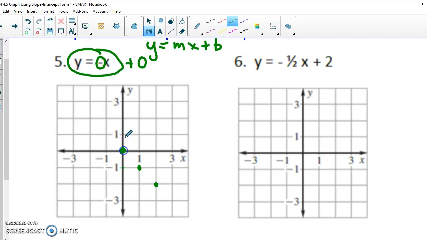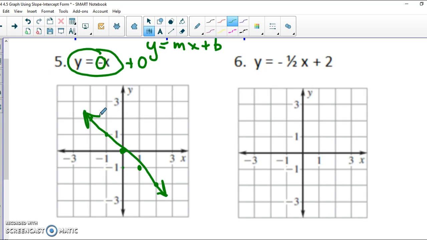And from the origin, I could go up 1, left 1, up 1, left 1. And since I'm given an equation, I can connect my points in a continuous line and put arrows on the ends.